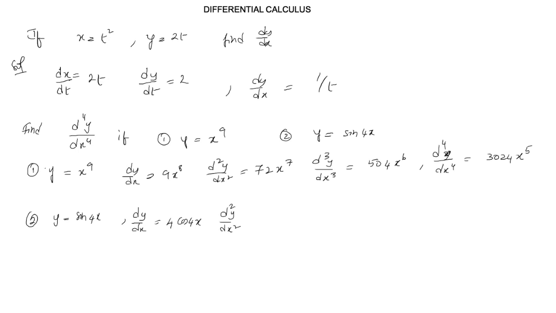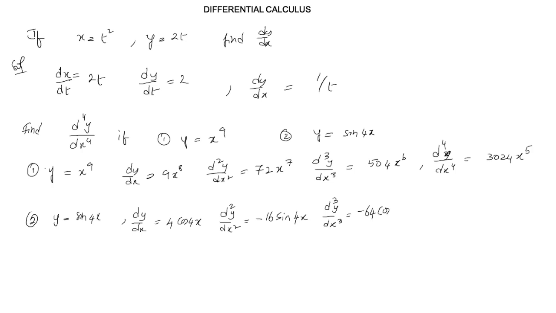Let us look at another problem when y is sine 4x. Again dy by dx is 4 cos 4x, and d square y by dx square is 4 multiplied by 4, so minus 16 sine 4x.